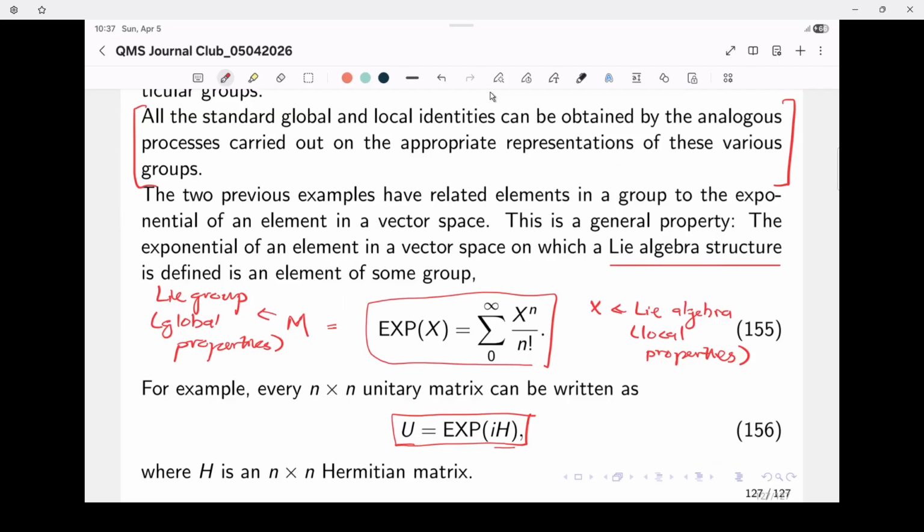I forget which one, but one of the postulates says that for a closed quantum system, you have your Hamiltonian, and when you exponentiate your Hamiltonian, it will be your unitary operators. So that's exactly where it comes from. This is why studying group structure will be a little bit helpful in this case.